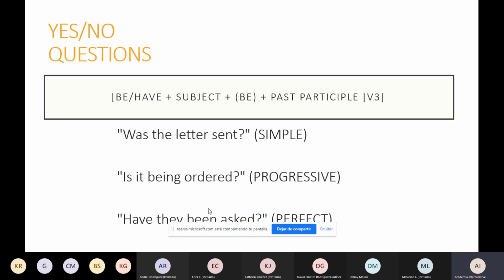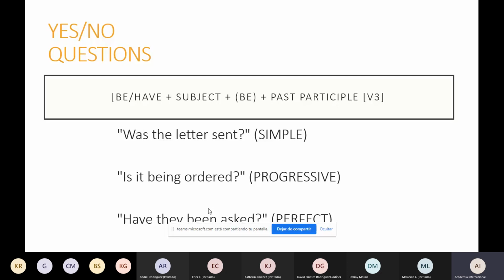Yes or no questions. Was the letter sent? Esta es una oración en un pasado simple. ¿Fue la carta enviada? Was the letter sent? Or is it being ordered? And is this in progressive or in the perfect time?